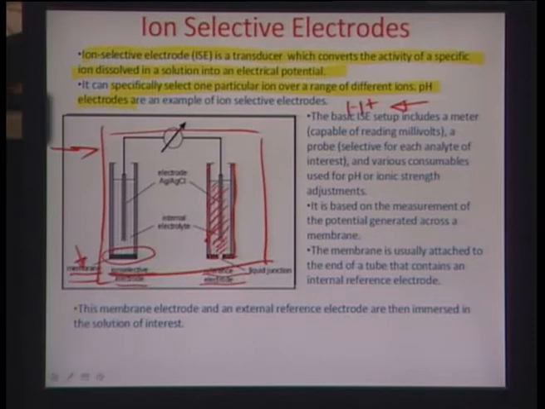So, the basic ISE setup includes a meter, a probe, okay, selective to each analyte, and the selection is done by using this small membrane here, and essentially it also uses various consumables used for pH or ionic strength adjustments, okay.